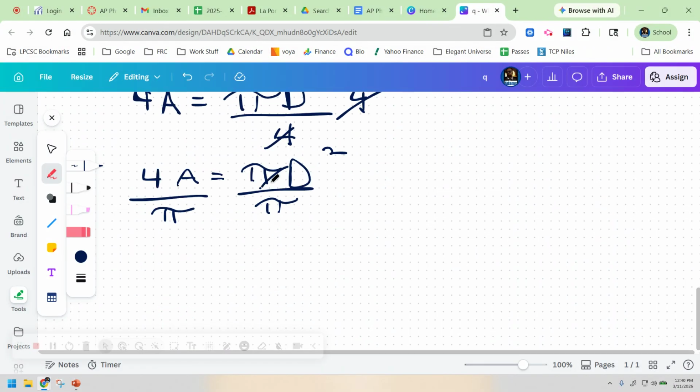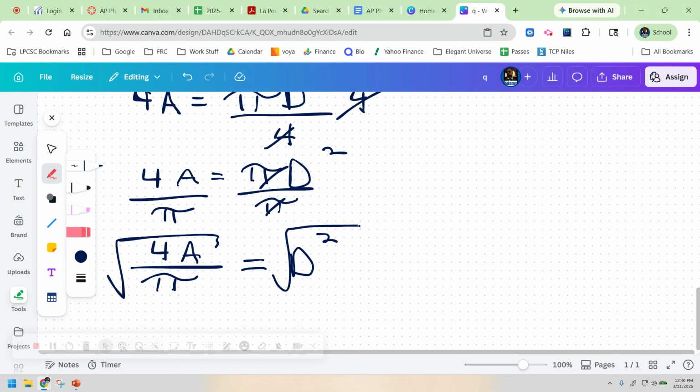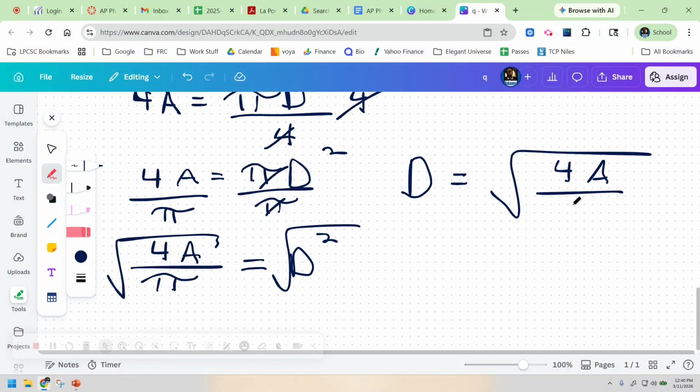These pi's cancel. And then that gives me 4A over pi equals D squared, but I would want the diameter, so I take the square root of both sides. And so that gives me the diameter is equal to the square root of 4 times the area all over pi.